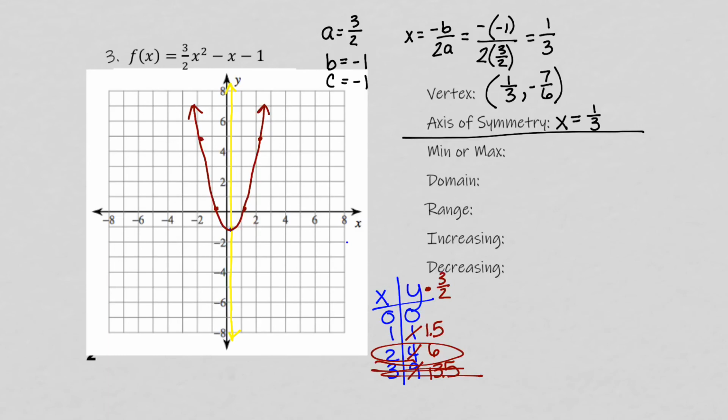We kind of talked about minimum on the last one, but it has a bottom to it. We'll get to max, min, domain, range, increasing and decreasing on the next day of school that we have this class.